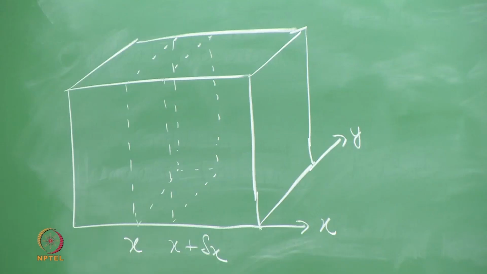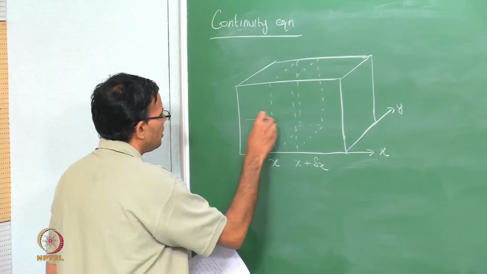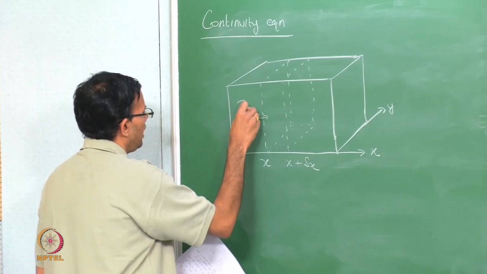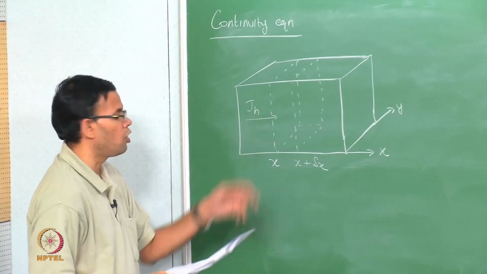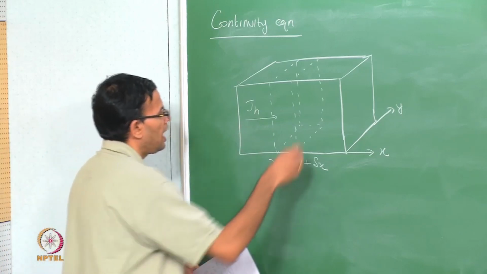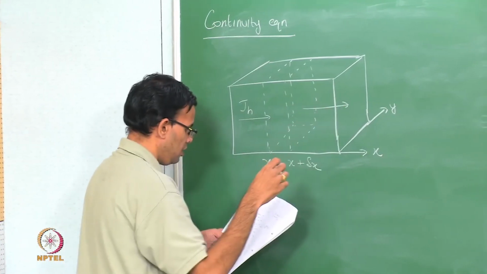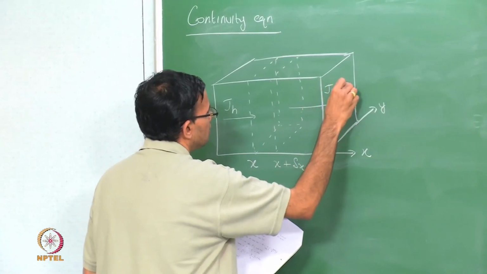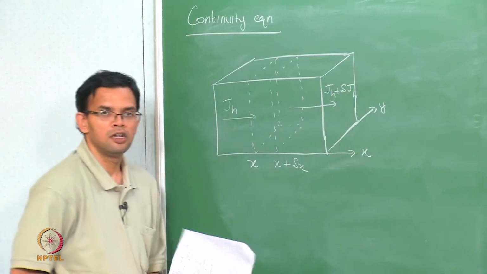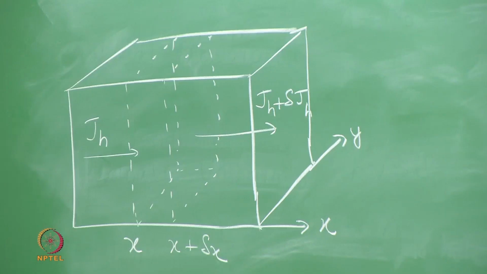So, I have some flux of holes that is entering into the small incremental slab at x. So, I am going to call it JH, which is the flux of holes that is entering the small portion, and I have a flux that is leaving. I am going to call it JH plus a delta JH.